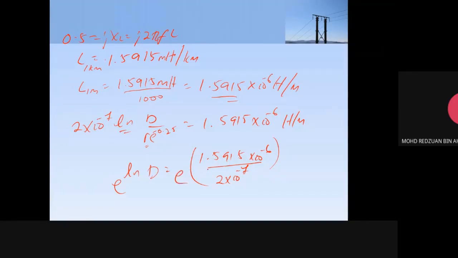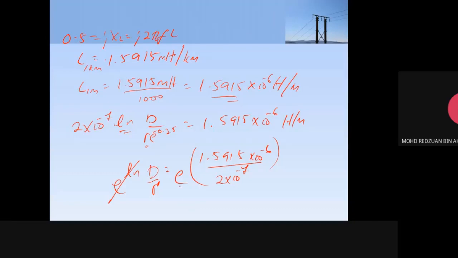Okay, now we get D over R prime, where R prime is R times e to the minus 0.25. So this one is eliminated, and you will get this value. So you can simplify this equation and then get the D value.